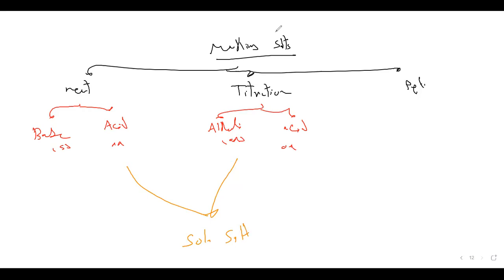While in the precipitation method, two soluble salts react together to produce a soluble salt and an insoluble salt.